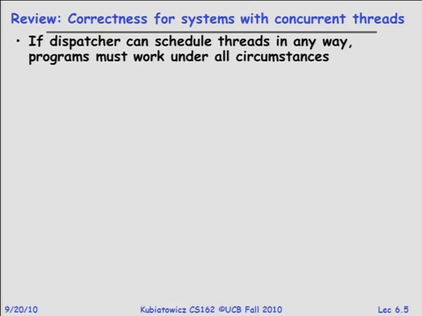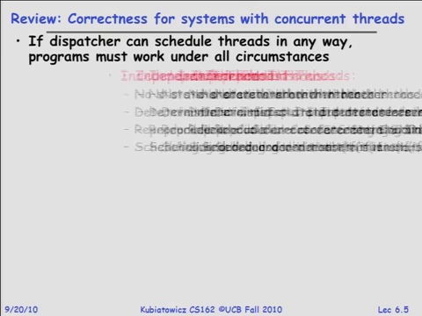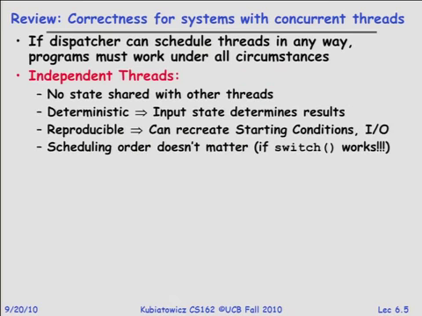That is the topic of today and the next couple of weeks. To start this discussion, we talked about an ideal. The ideal was independent threads which have no shared state whatsoever between them. So they're each doing their own thing.